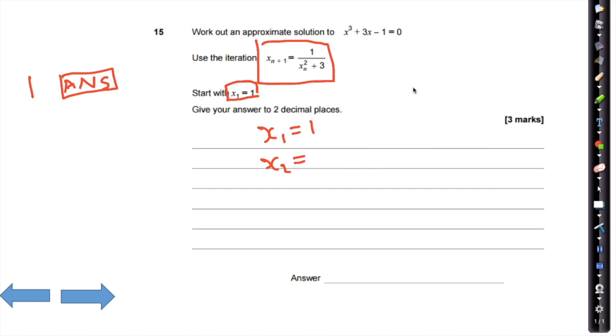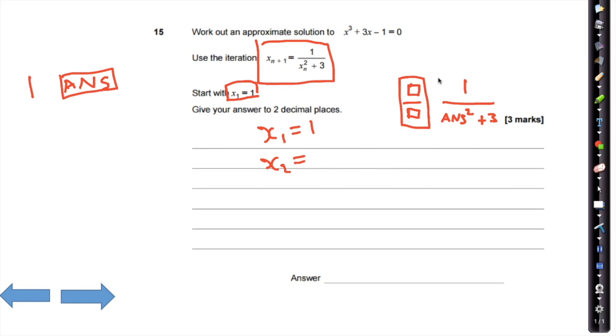Press your fraction button, which looks something like this, so it's worth definitely knowing where that is on your calculator. Type that in, and then at the top put a number 1, and then over it write ANS, so press ANS, square it, so ANS squared plus 3.